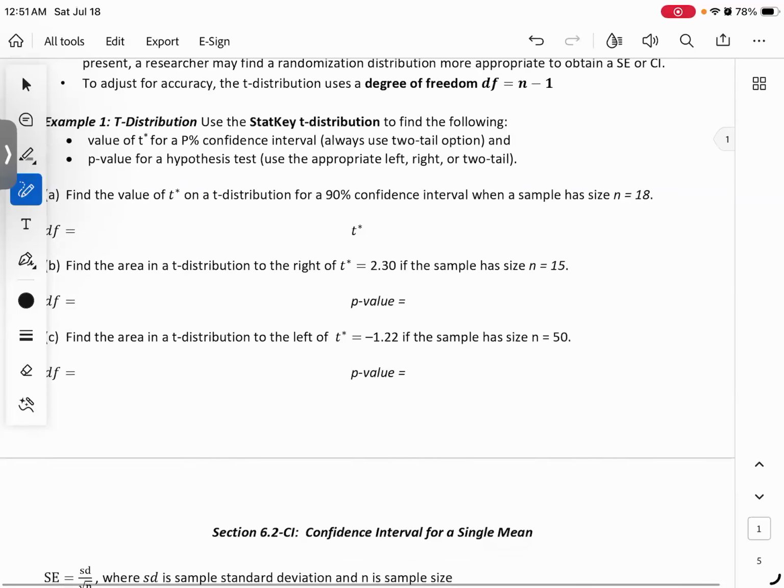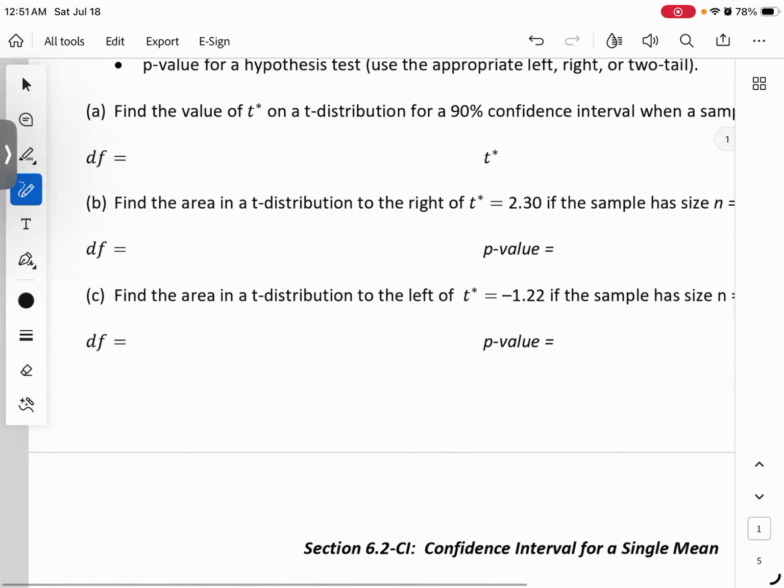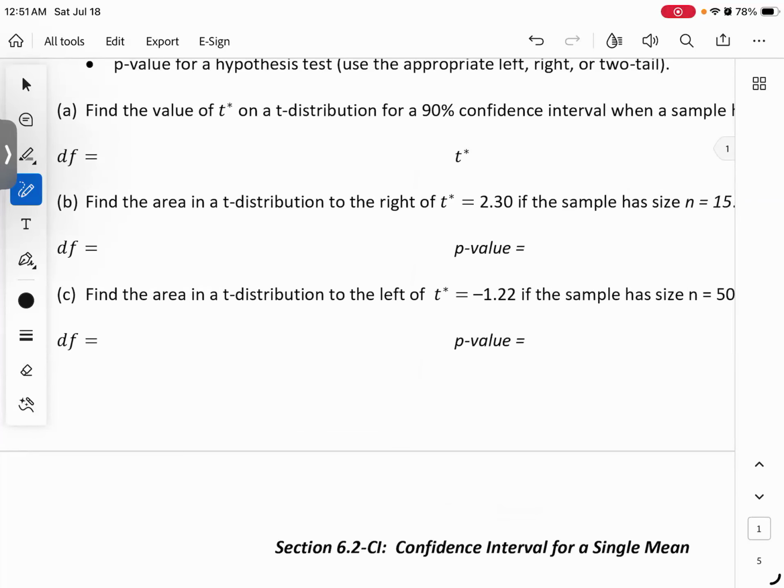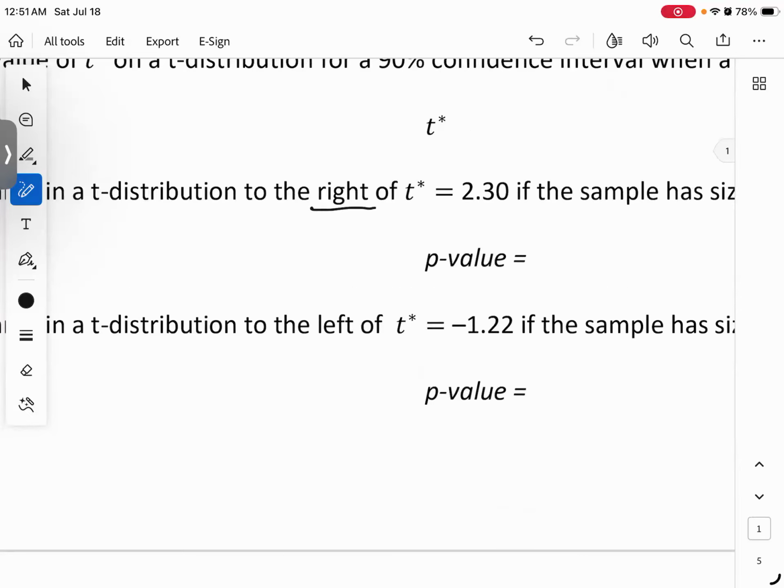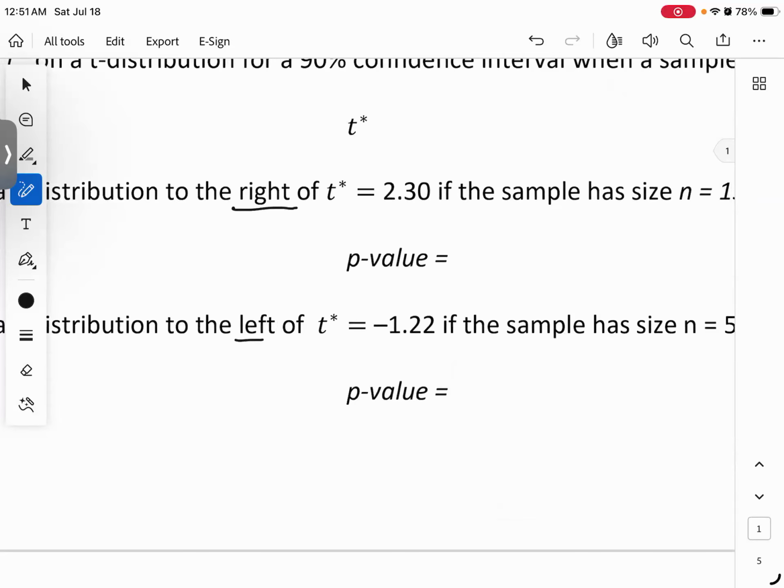I'm going to do the p-values first. That's what we did in 5.1 when we first introduced the normal distribution. We said it's still primarily going to help us do p-values, right tail, p-values, left tail. Suppose we were doing a right tail.